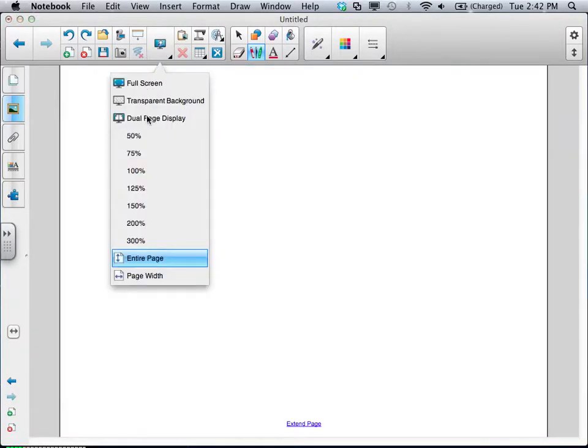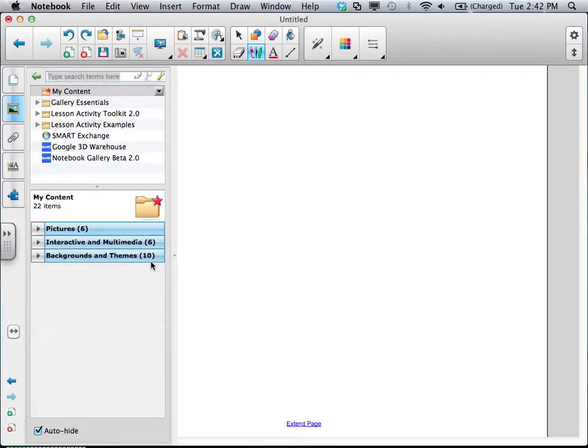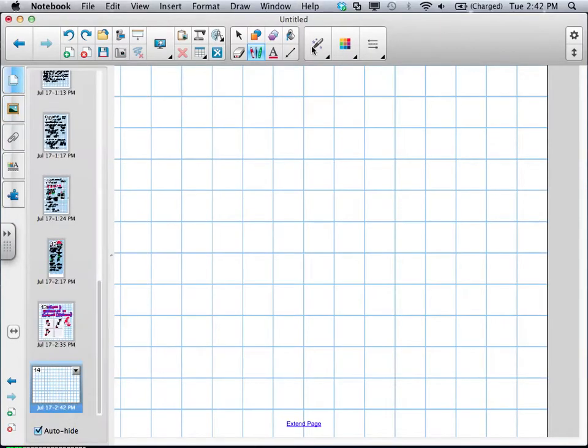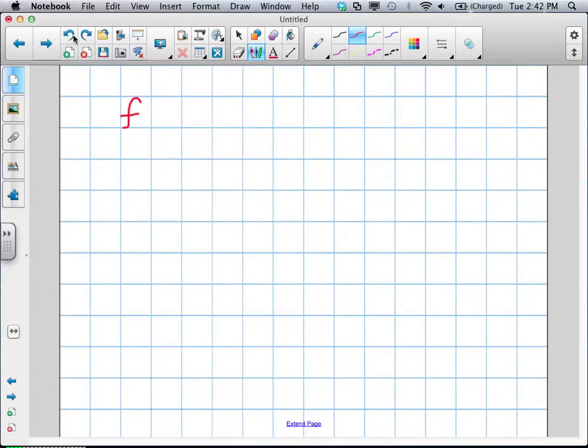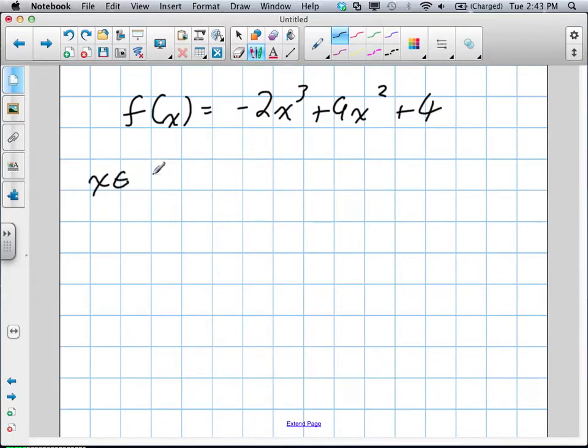So let's go to our first example. The first example says, find the extreme values of this function f(x) is equal to negative 2x cubed plus 9x squared plus 4, on the interval, very important, x is every real number between negative 1 and 5.